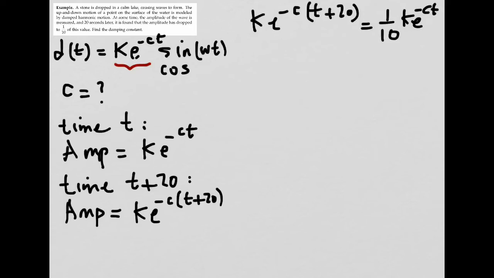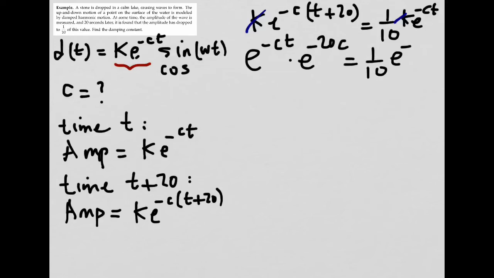Notice how the K's cancel. Then e to the minus Ct times e to the minus 20C equals 1/10 e to the minus Ct. Again, e to the minus Ct cancels.